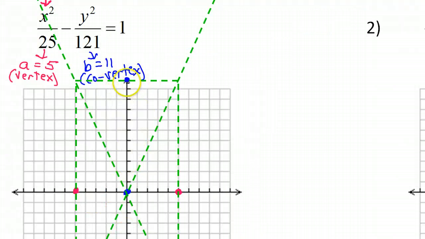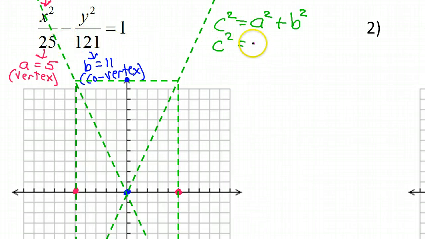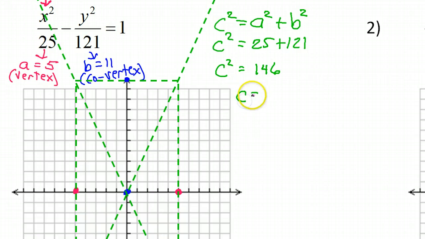Anyway, for the foci, we need the c value. So remember that c squared is equal to a squared plus b squared when it comes to hyperbolas. So this means c squared is going to equal 25 plus 121. So that's 146. So that means c is going to equal the square root of 146.